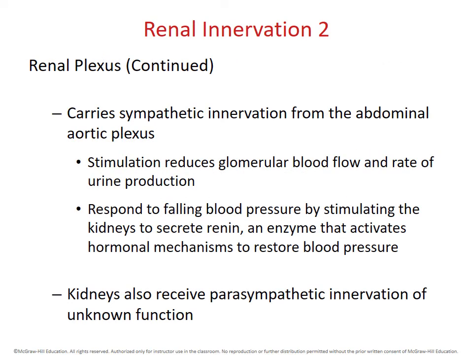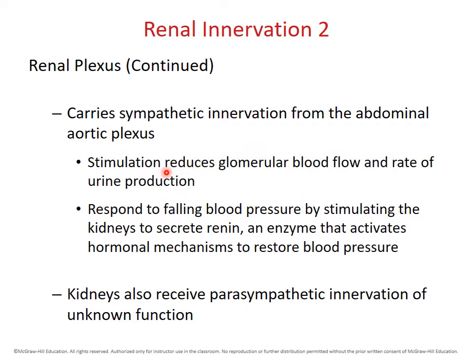Again, because these ganglia are often associated with the autonomic nervous system, what we find primarily in this innervation is sympathetic innervation from, of course, the sympathetic nervous system. As we will see later in the chapter, their sympathetic activity tends to reduce glomerular blood flow and the rate of urine production.